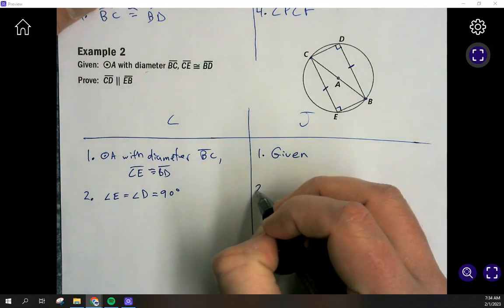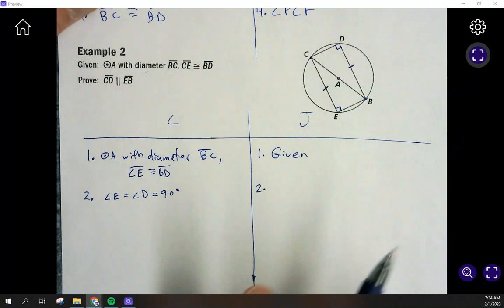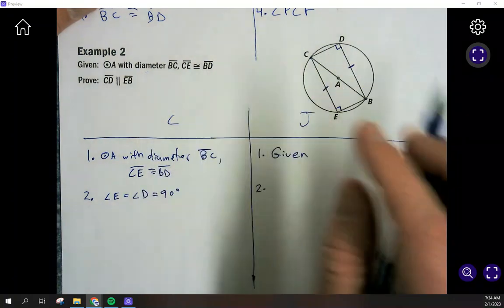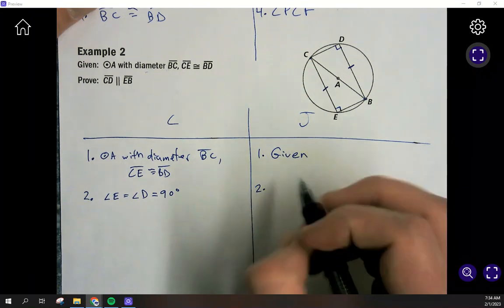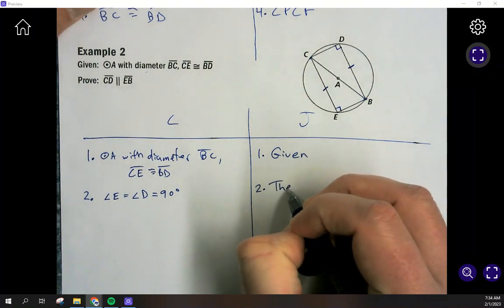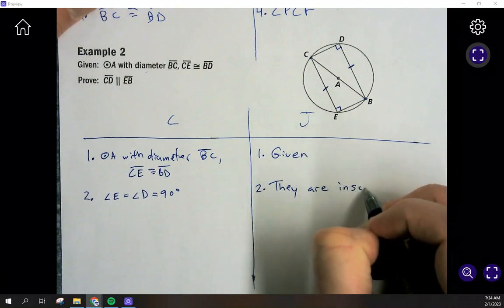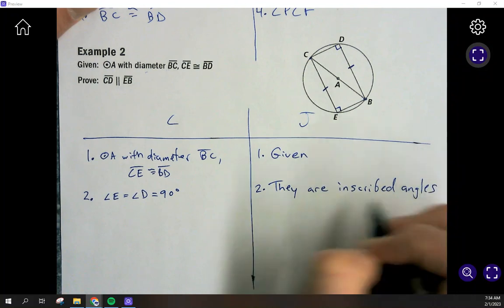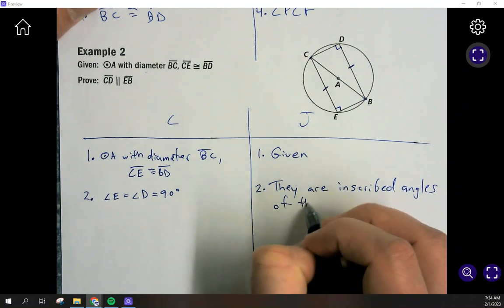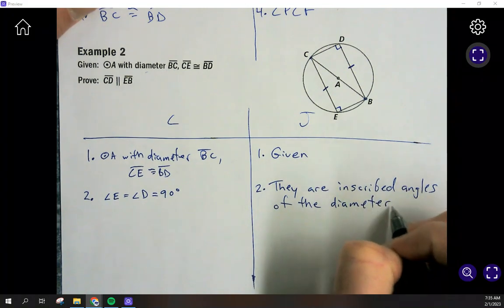All right, now we have to kind of write this out. And so you can say that inscribed angles are half the size of their intercepted arc, stuff like that. But you can say they are inscribed angles of the diameter.